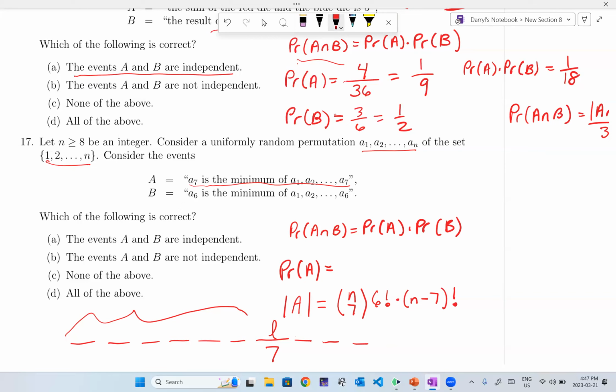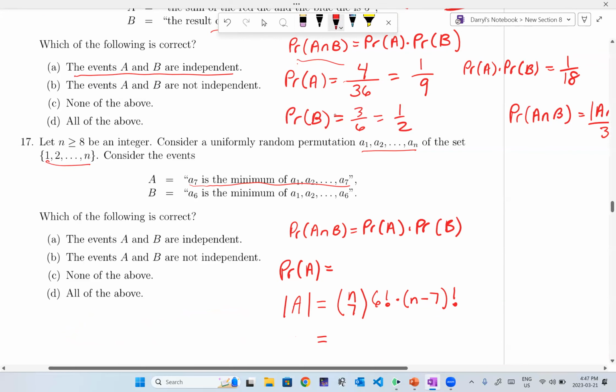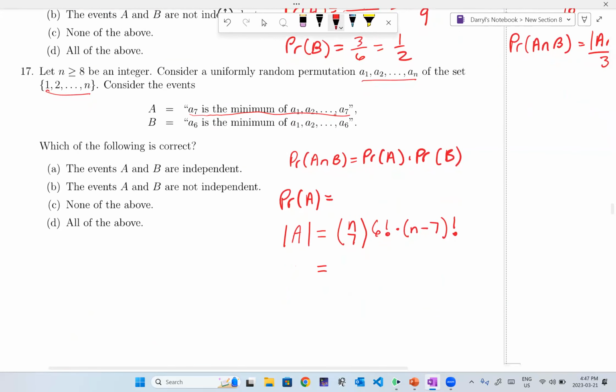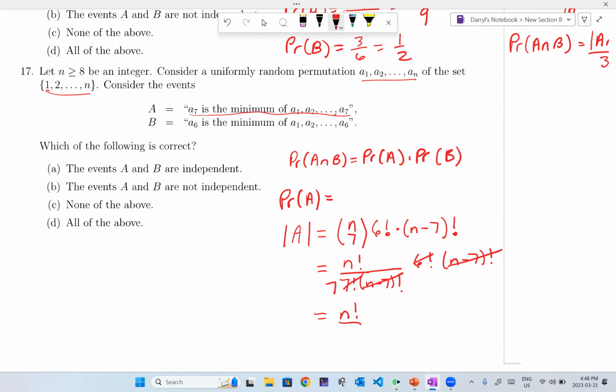It's a little bit nasty. We can simplify it a little bit. I know n choose 7 is n factorial over 7 factorial times n minus 7 factorial. All of this is times 6 factorial times n minus 7 factorial. So I'm going to cancel most of that. I have n factorial over 7.